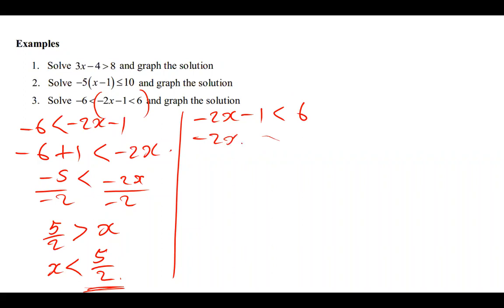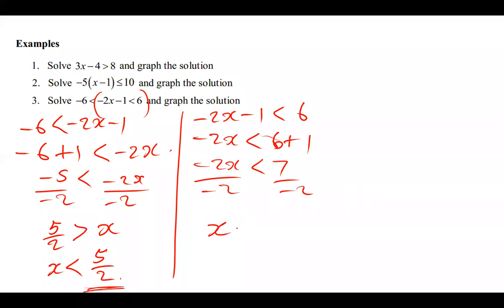So we're going to have -2x less 6 plus 1, which is just 7. When we divide by -2, the answer will simply be x greater than -7/2. Yeah, so these are the two solution sets that we have.